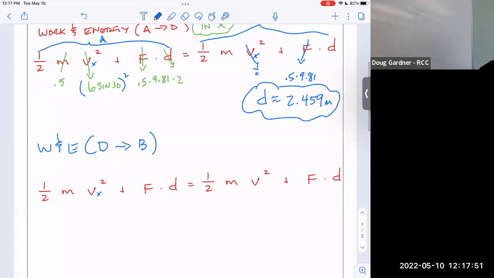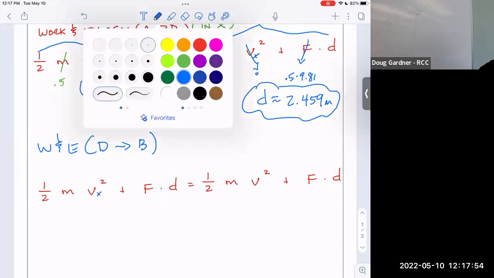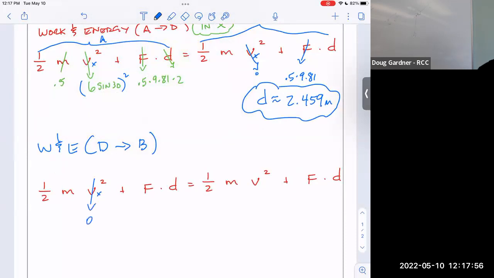So since this is from D to B, do you agree that this speed is actually nothing? At D, up there at the top, we just said a second ago that it's got no speed up there. So that's good. That all went away, and that's because it has no kinetic energy. It's all potential. And we know its force, and its force is 0.5 times 9.81. Its distance we just calculated a second ago is 2.459.